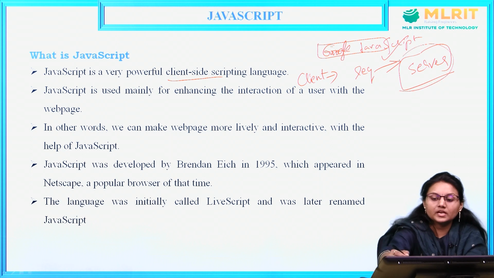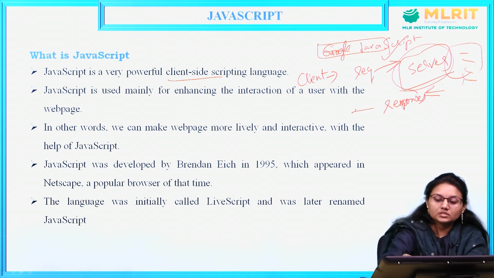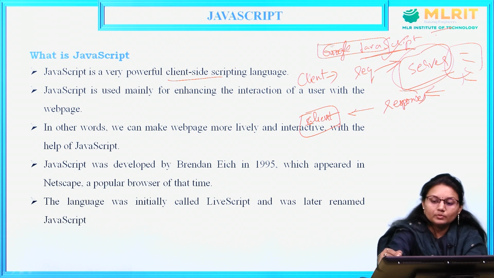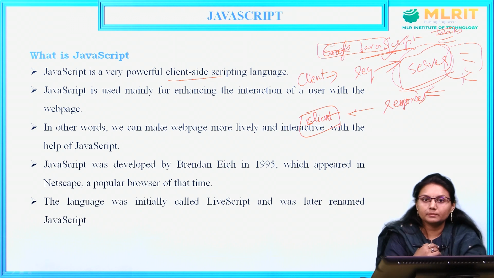What does the server have to do? It should search and get back with the responses. These responses go to the client. So when you search for JavaScript, you will get multiple links to JavaScript pages. This is how requests are sent and responses are retrieved in the client-server model.